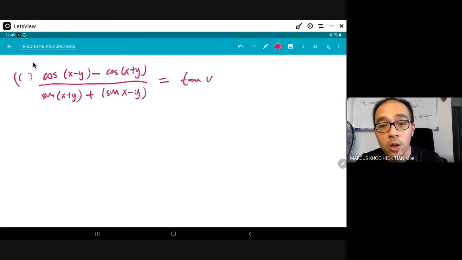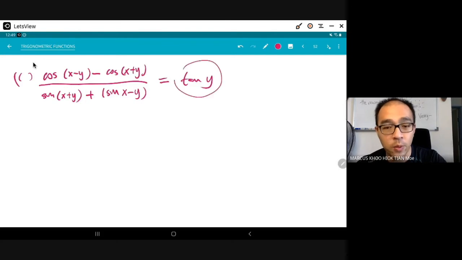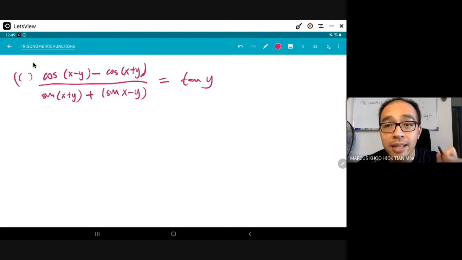After this long work on the left-hand side, we want to prove it equals something as simple as tangent y. The most important thing is that we never start from the tangent y. There's not enough information here for us to expand. So we always start with the complicated side, because when we start with the complicated things first, the other things will come much easier.